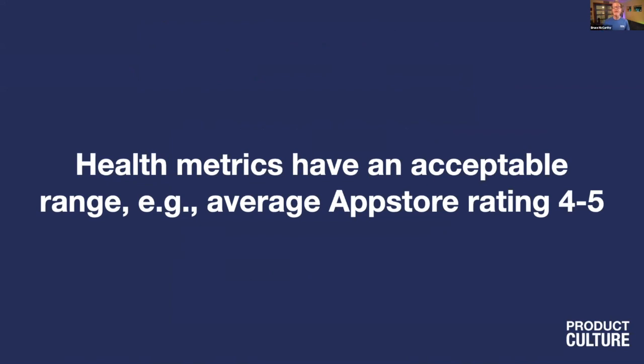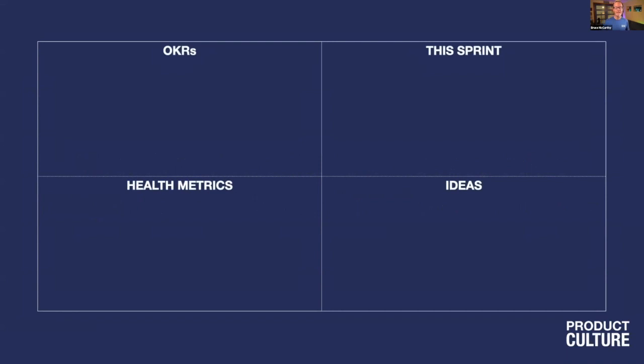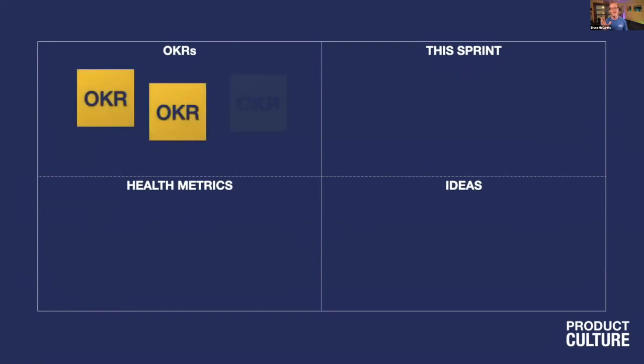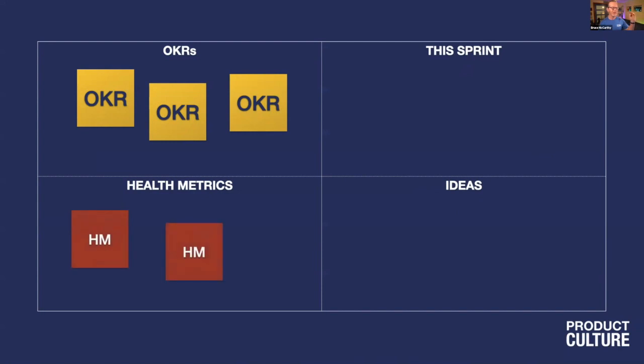And in fact, these 4 buckets make for a nice 2x2 grid that you can put on the wall, or people can pin up to their cube, or you can actually have live monitors running. At any given moment, I would love to see a team have a small number, no more than 3, maybe even less, of OKRs and some health metrics, maybe 2 or so key health metrics.